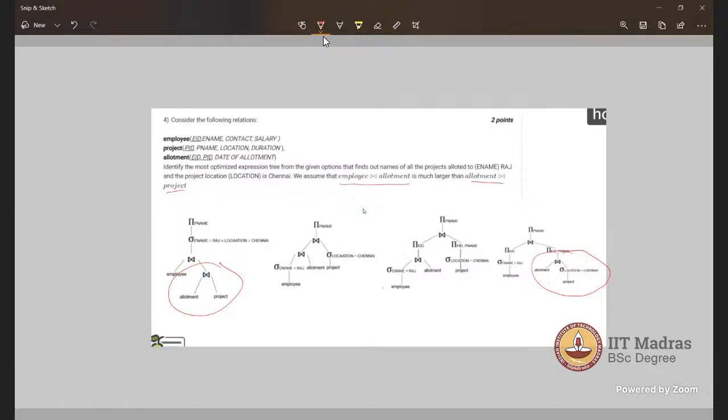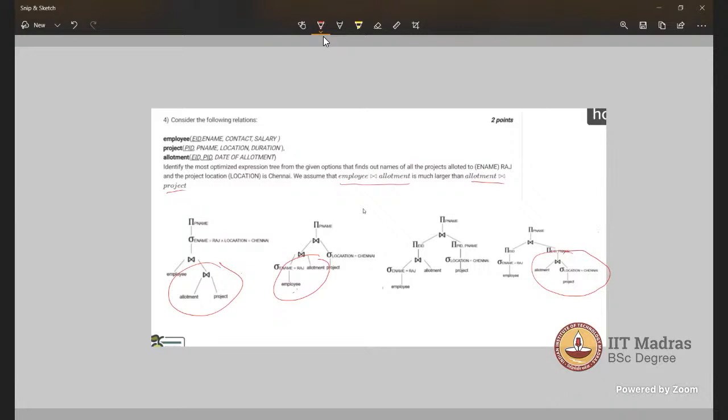Does anyone have any doubt regarding this question? Abhishek first eliminated this option. Here it is given that employee natural join allotment is much larger than allotment natural join project. The first way performs the natural join between the employee and the allotment, and here it is similar.